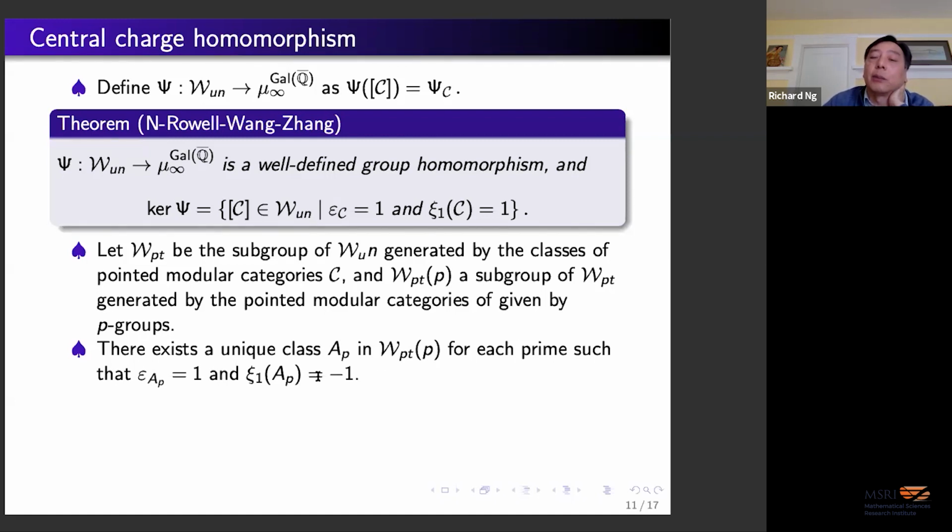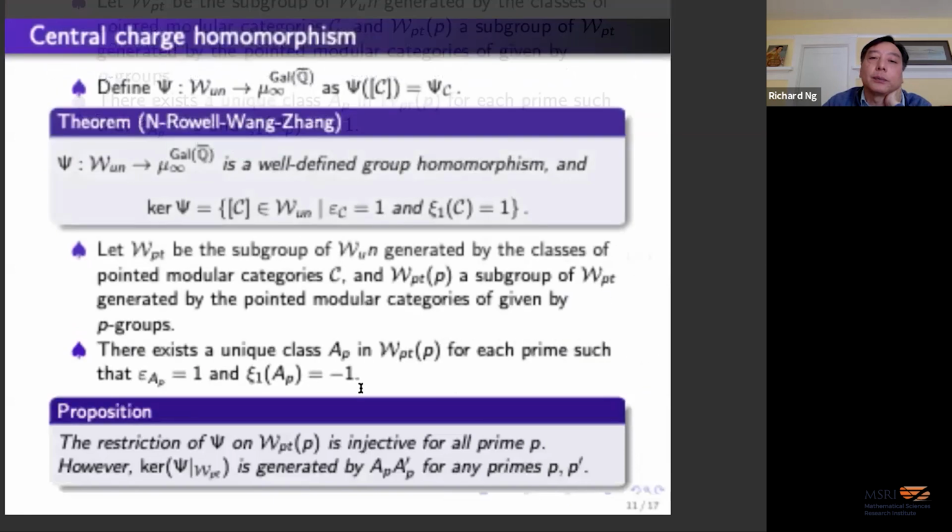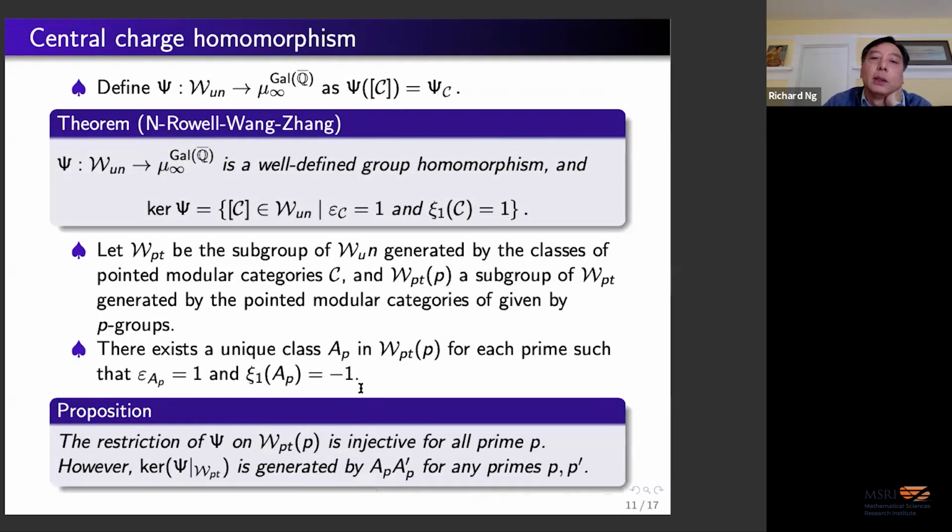It's due to the charge completely. So each of these pointed modular categories of order P power has exactly one such class. But then that's what I try to allude to.